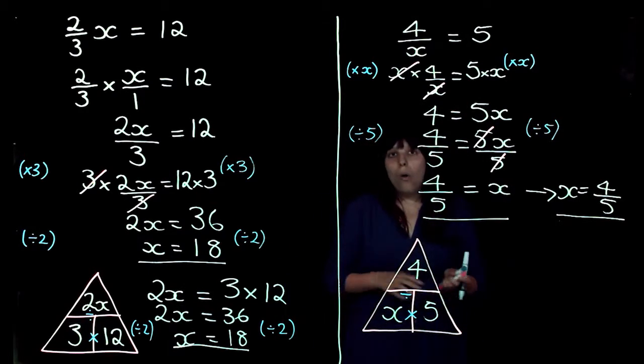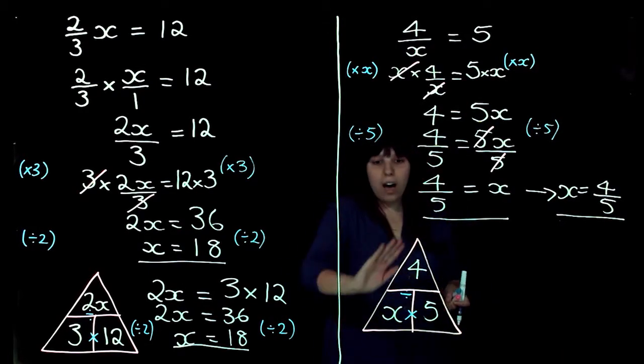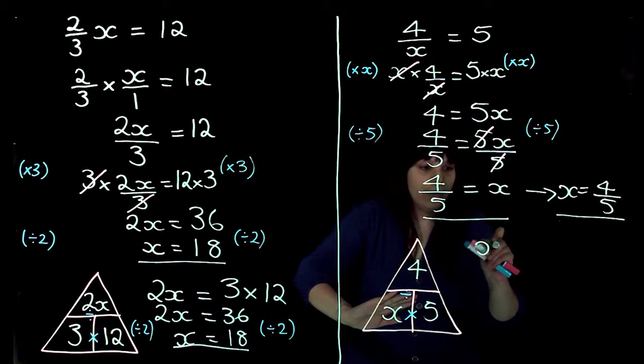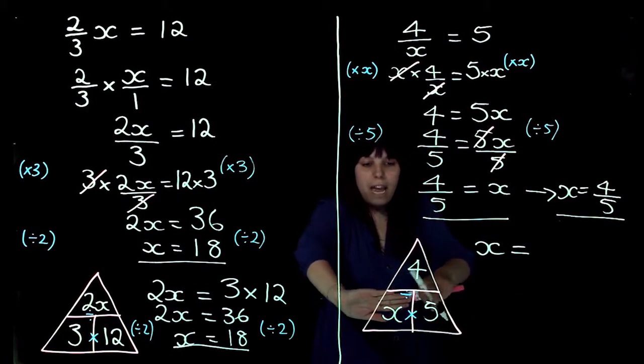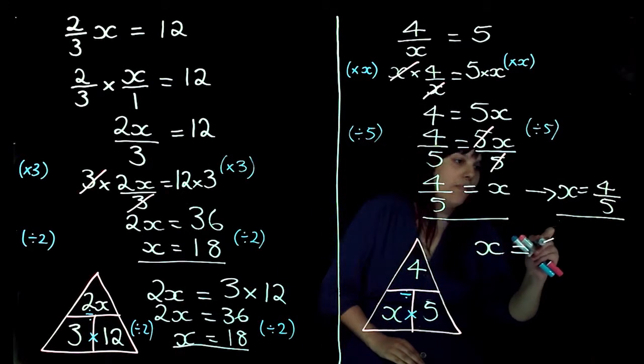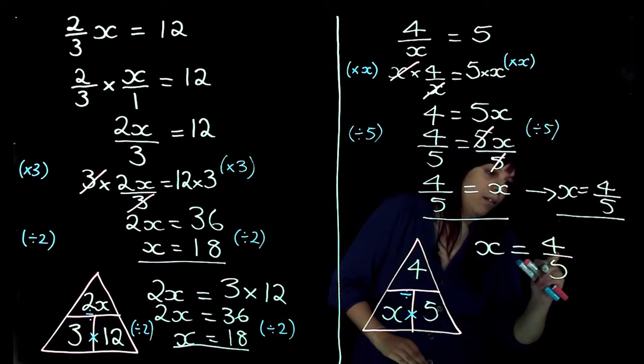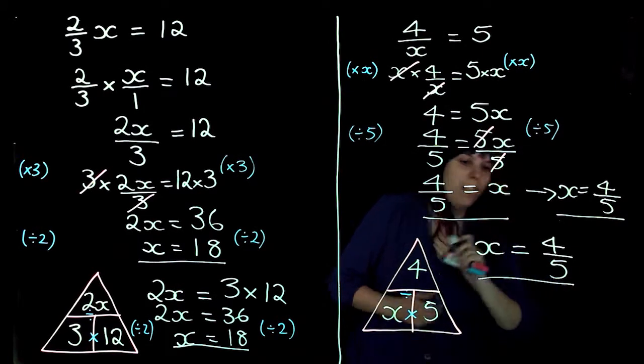So now all I need to do is cover up the x, so I get x equals, and you can see that because that line means divide, x equals 4 over 5. And that is our solution.